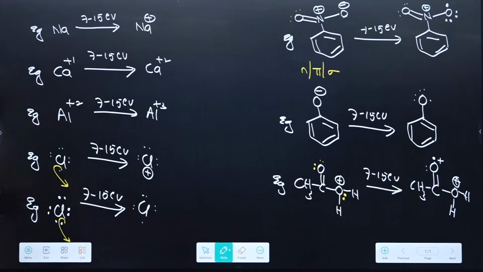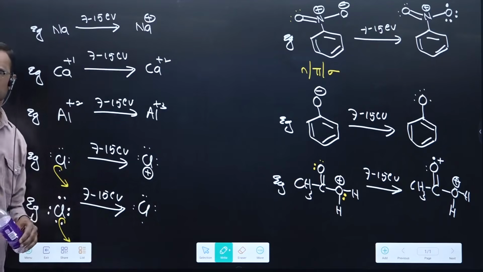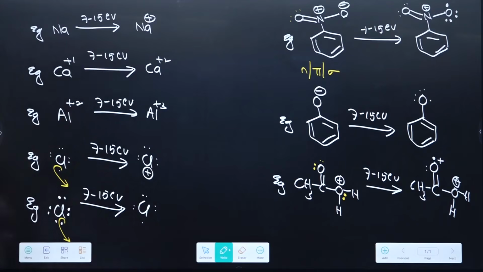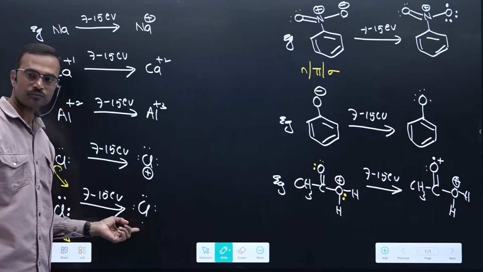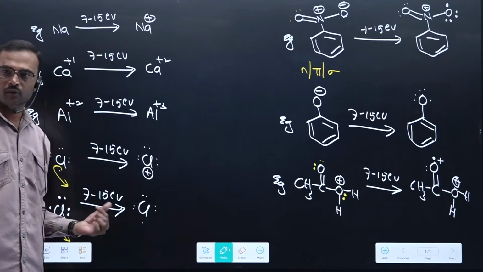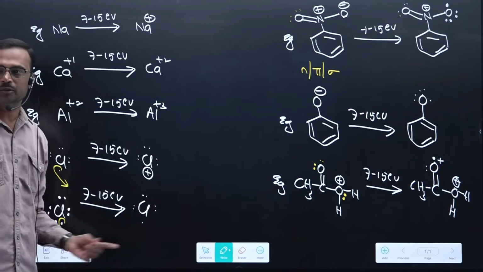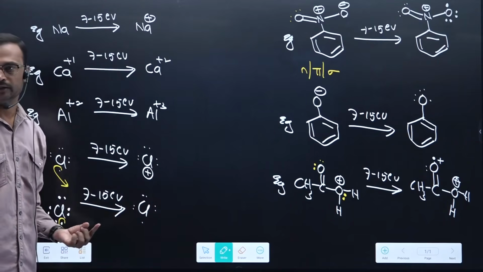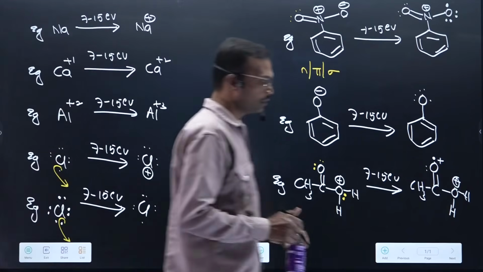But mass spectrometry can identify only which one? Positive ions. Is it positive? No, it can't be identified. We removed one electron, but it is not possible to identify because it is not a positive ion. Only positive ions can be identified by mass spectrometry.